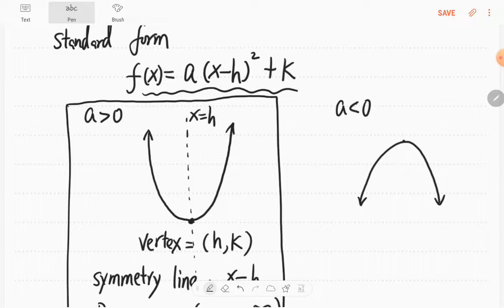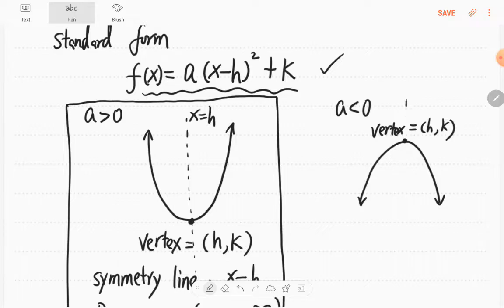And this is the highest point. The highest point means you have the maximum value, while the lowest point means you have the minimum value. The highest point, which is also called the vertex, is still (h, k) if you know the standard form.